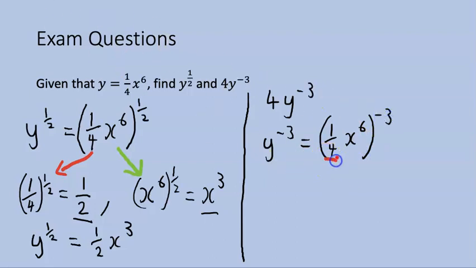First I'm going to deal with the quarter, and then with the x to the 6. One over 4 to the minus 3. Because I deal with the minus 3, I flip the fraction. So a quarter becomes 4 to the power of 3. 4 to the power of 3 is 64.